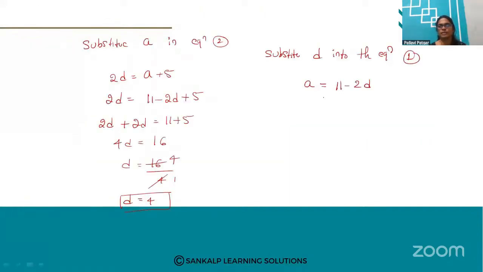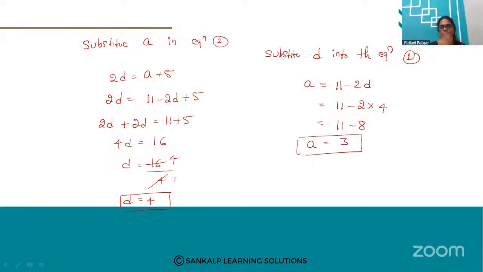A is equal to 11 minus 2D. So this is equal to 11 minus 2 into 4. So 11 minus 8. So this is equal to 3. So A is equal to 3.